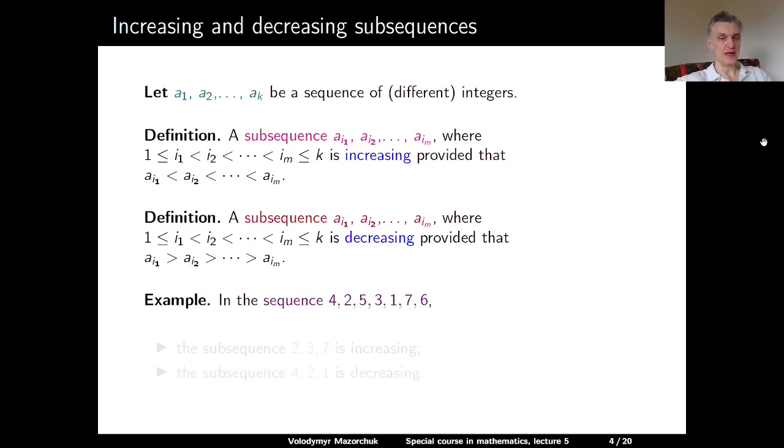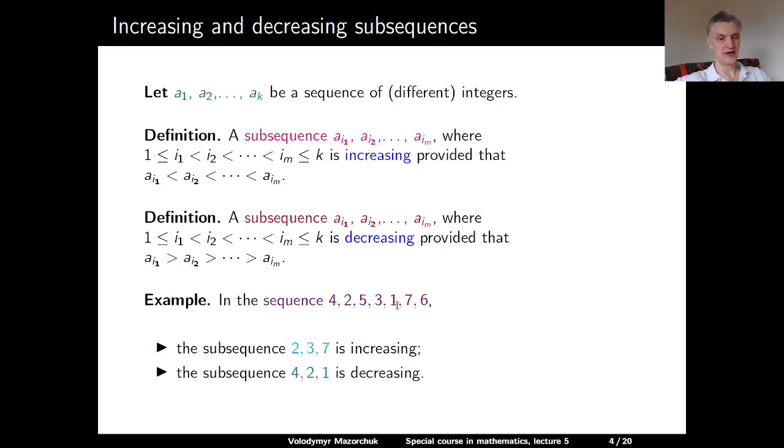For example, if we take as the original sequence the sequence 4, 2, 5, 3, 1, 7, 6, then in this sequence we have an increasing subsequence 2, 3 and 7. So 2, 3 and 7 is an increasing subsequence of the original sequence. And similarly, the subsequence 4, 2, 1 is a decreasing subsequence in our original sequence.